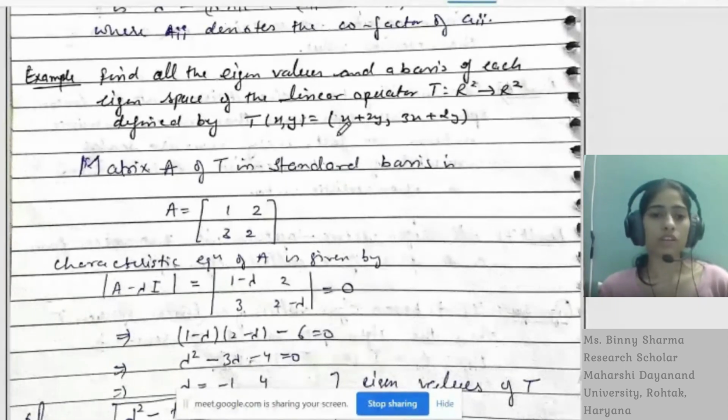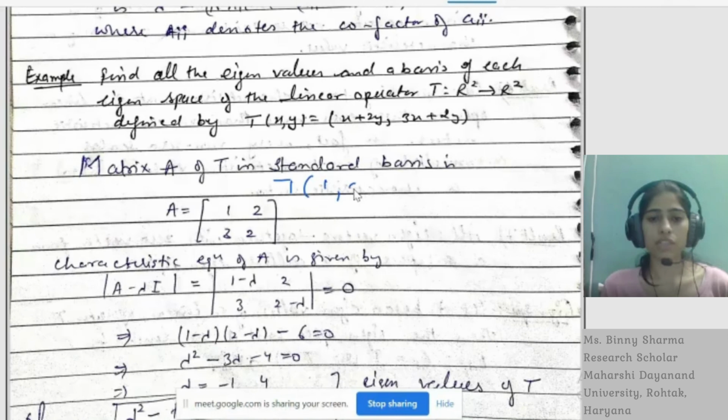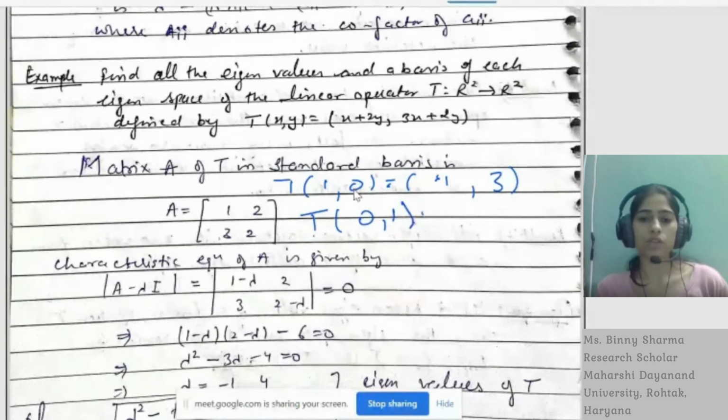So what we do, we make a matrix A of T in the standard basis. How to make the matrix in the standard basis? T of (1, 0) equals (1, 3). Similarly, T of (0, 1) equals (2, 2).